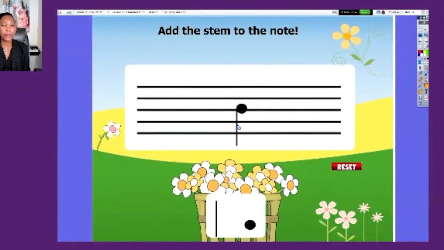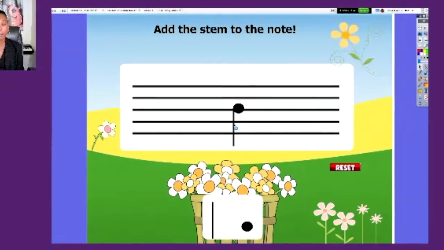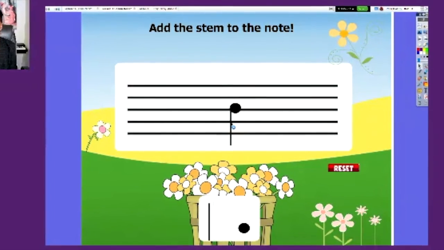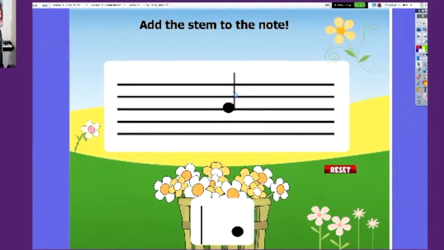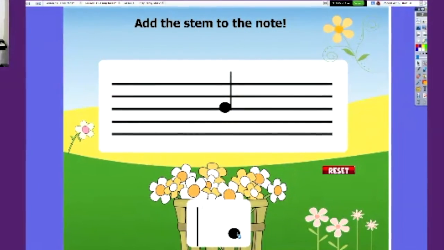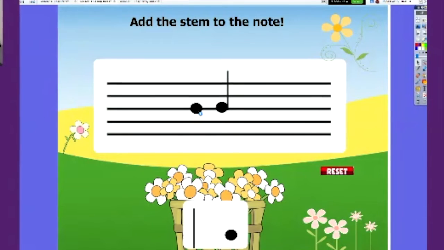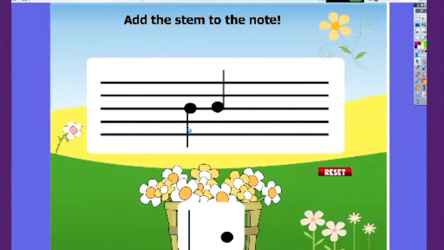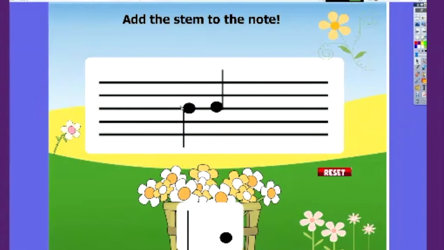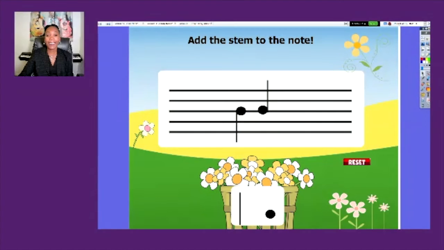So if it's on the third line, we get to pick if we want it down to the left or up to the right. And either option is acceptable. So if I wanted it up to the right, or if I wanted it down to the left, both are the correct answer. All right, good job working with your stem direction.